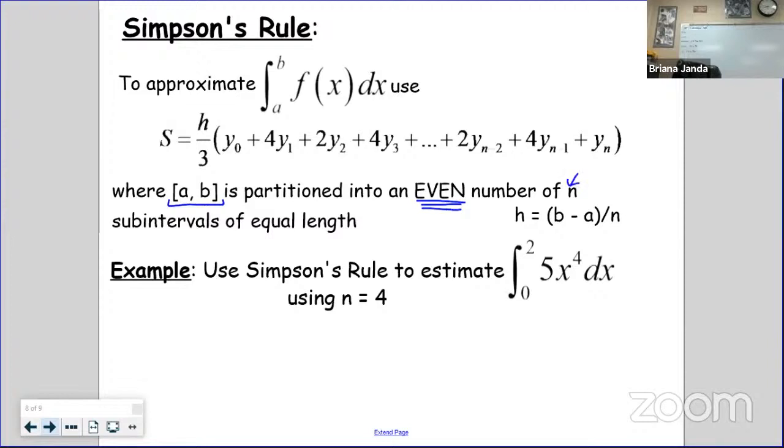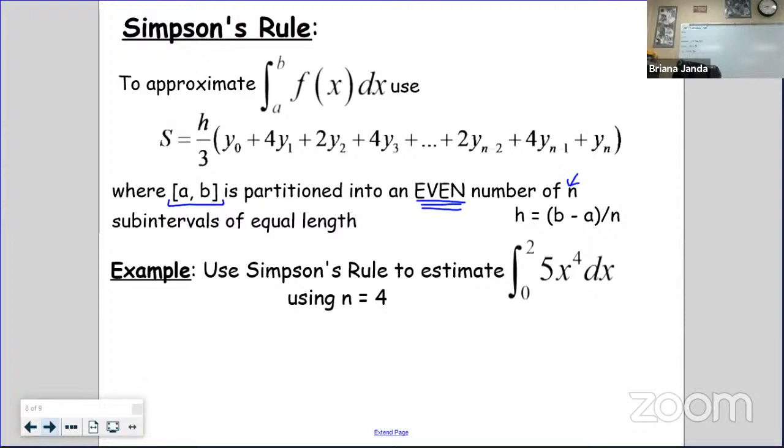And if it is, which we've seen all today, right, 4 trapezoids or whatever, then Simpson's rule can apply. If it's not an even number of intervals, this would not work because of how it is designed, okay? It looks very similar to our trapezoid rule.